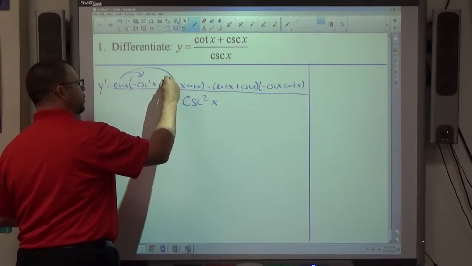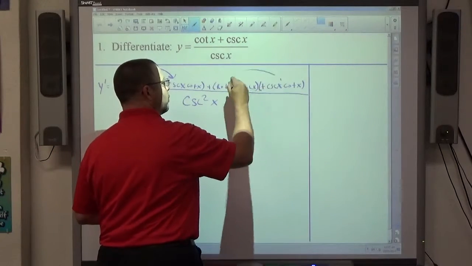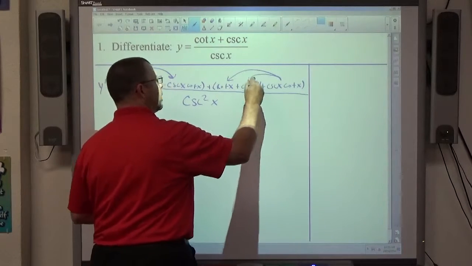That cosecant goes through all of that, and this minus minus makes a plus plus, and we can distribute this here, like so.